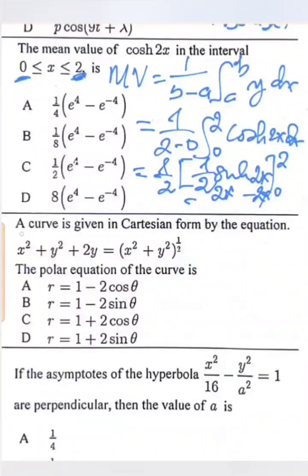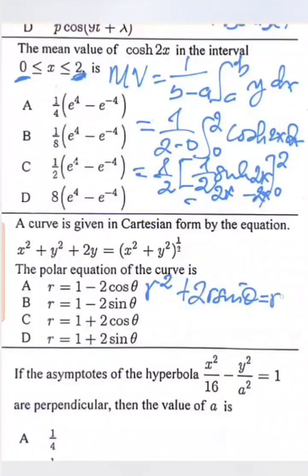In number 24, we have a curve given in Cartesian form by the equation x squared plus y squared plus 2y equals x squared plus y squared to the power half. The polar equation of the curve is, and we have these options. X squared plus y squared always corresponds to r squared in the polar system, so the left hand side will be r squared plus 2, and y in the polar system is r sine theta.